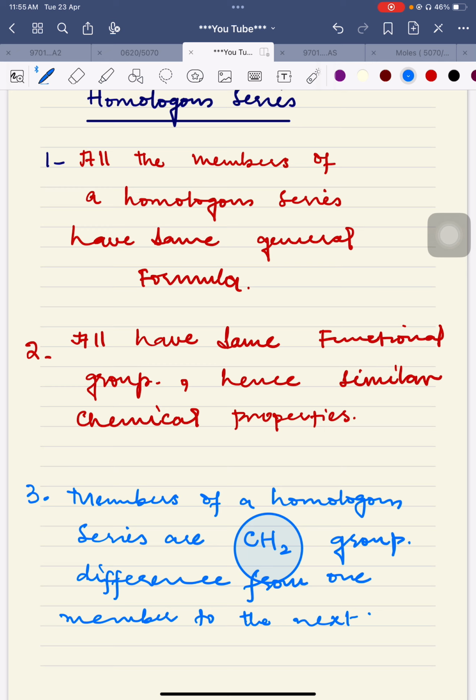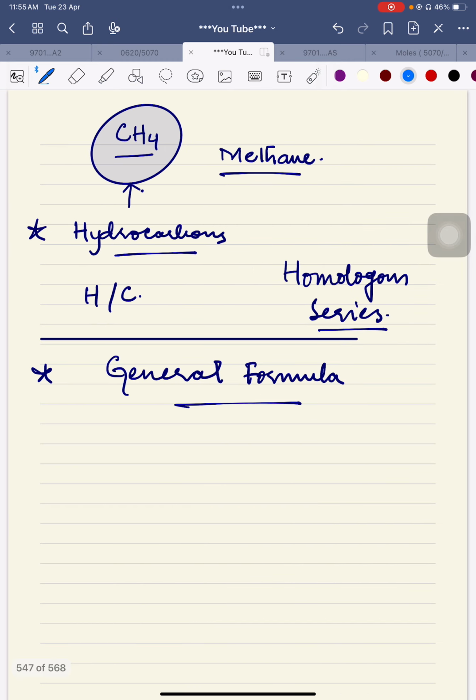What is the meaning of reaching the other member? That is a great detail. We are going to discuss that right now. I am on the previous page again. Okay, now what is the general formula?